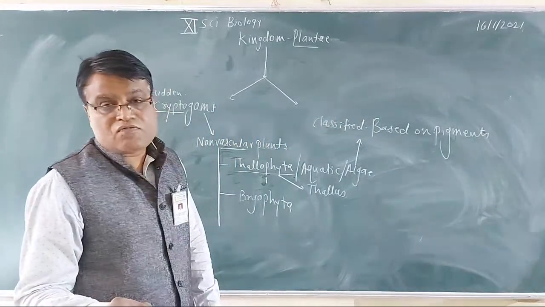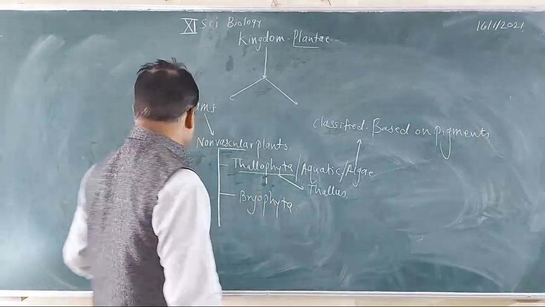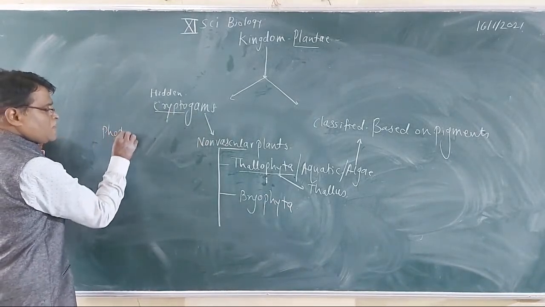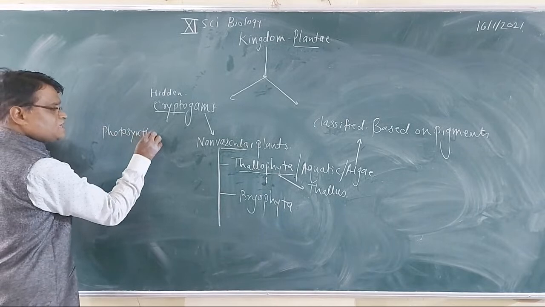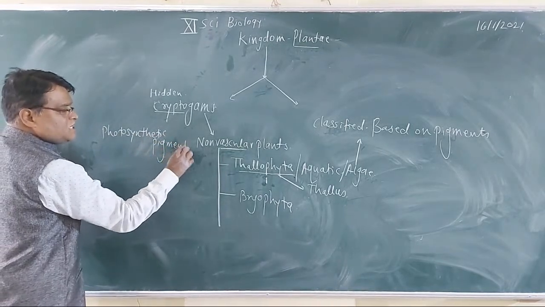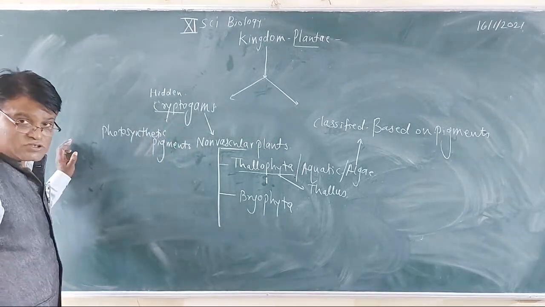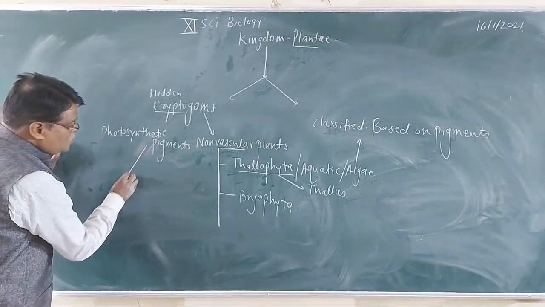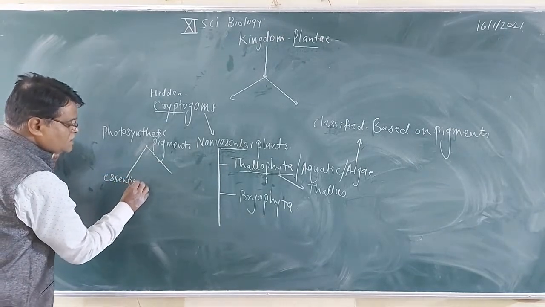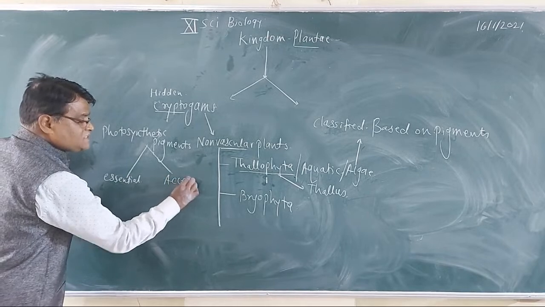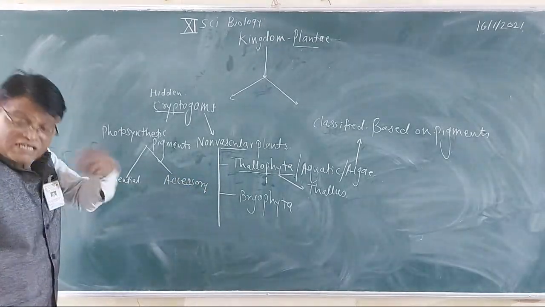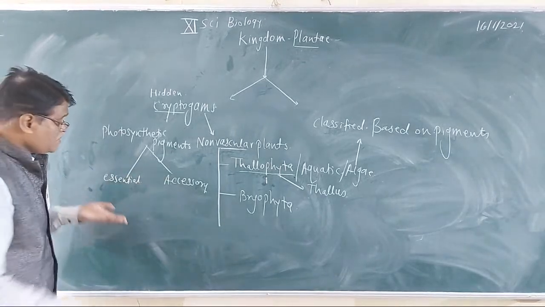You know very well, photosynthetic pigments. The types of photosynthetic pigments: one is the essential pigment and the second is the accessory pigment. Accessory pigment means the secondary or supplementary pigment.